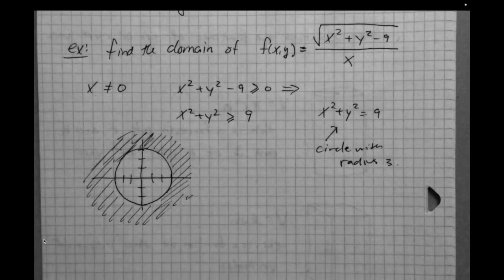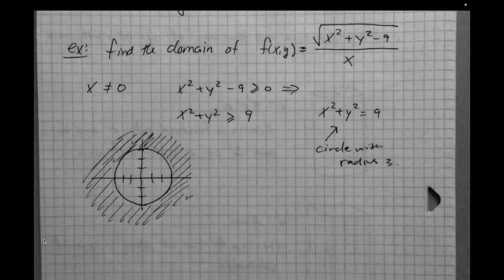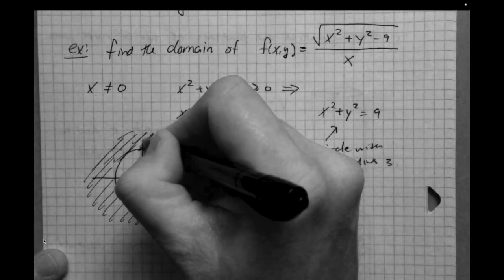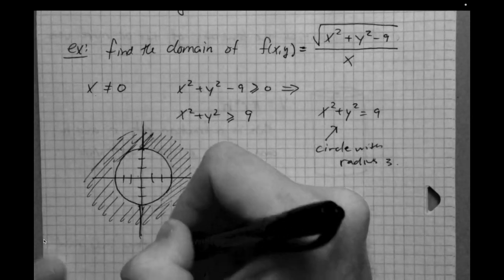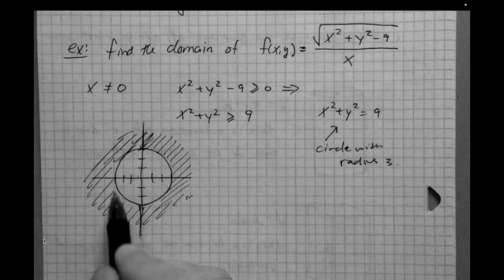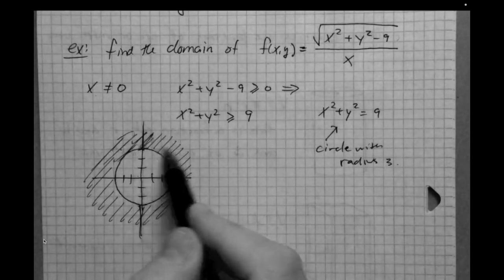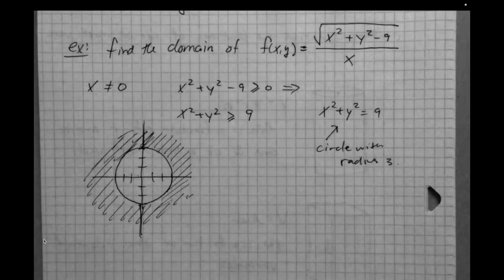Together with the fact that x can't be equal to 0, technically the domain would extend up the y-axis and down the y-axis. x has to be off the y-axis and it has to be outside of this circle.